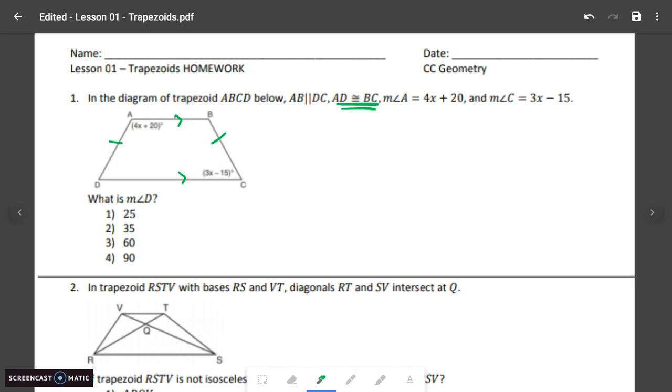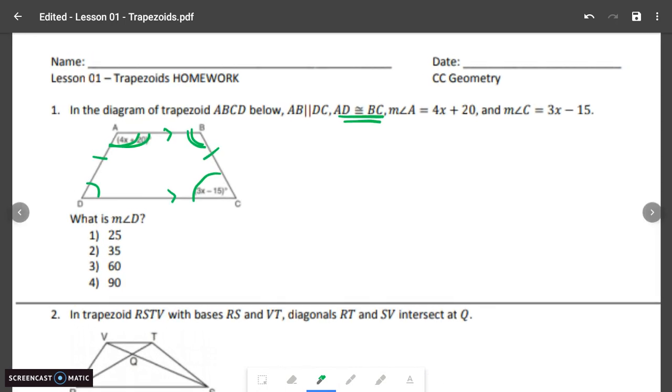Now, yesterday we learned that base angles would be congruent to each other, while the angles that were on top would also be congruent. And altogether, these two angles, A and C, are not congruent. Instead, they're supplementary, because if C is congruent to D, D and A would be supplementary.